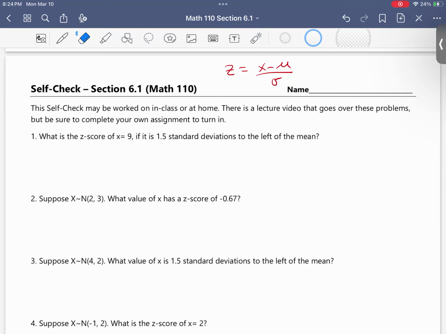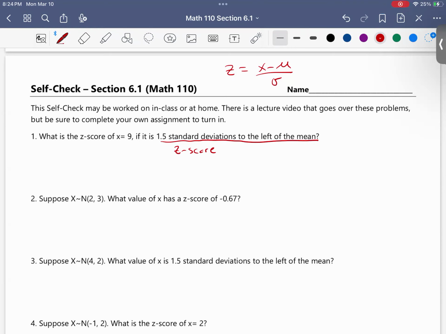Number one states, what is the z-score of x equals 9 if it is 1.5 standard deviations to the left of the mean? So recall that z-score is how many standard deviations a value is away from the mean. So what we have here, this statement, is going to be our z-score.